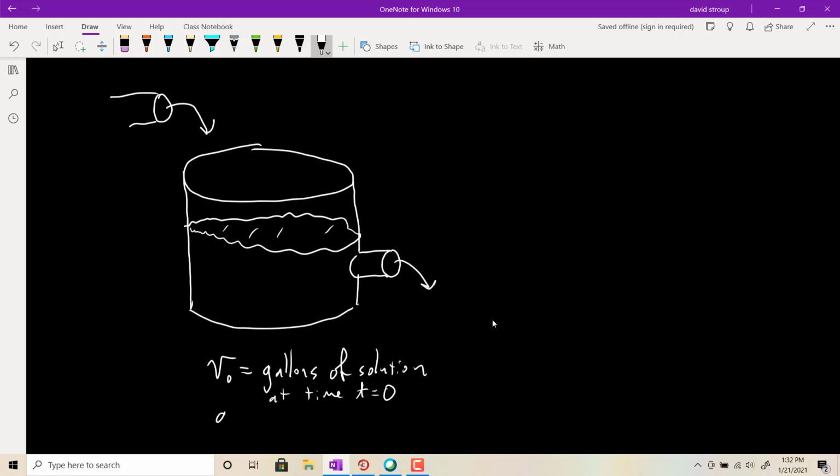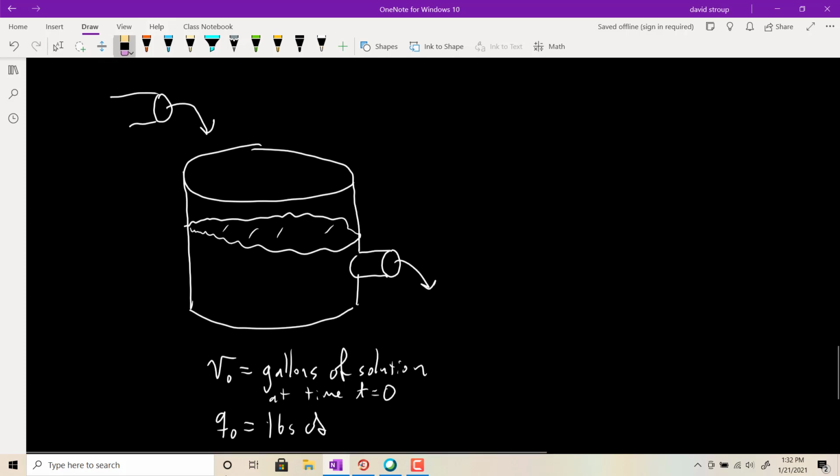They'll give you an initial amount of the concentrate in there. So if we're talking salt water, the initial amount of salt would be Q sub 0, in pounds.